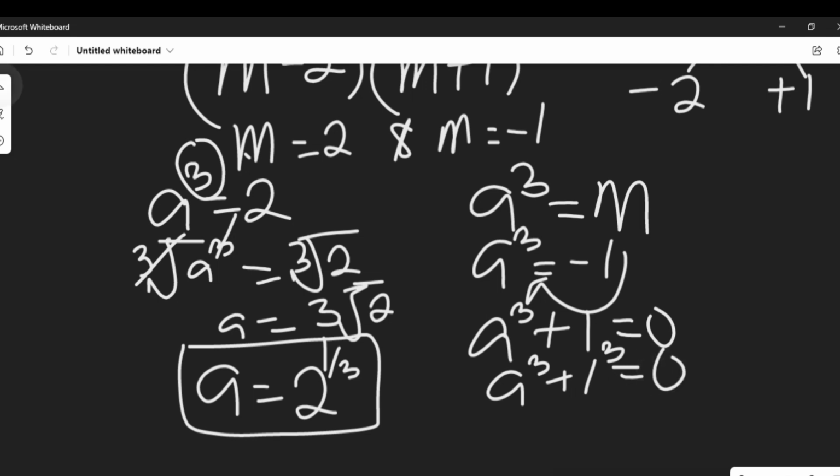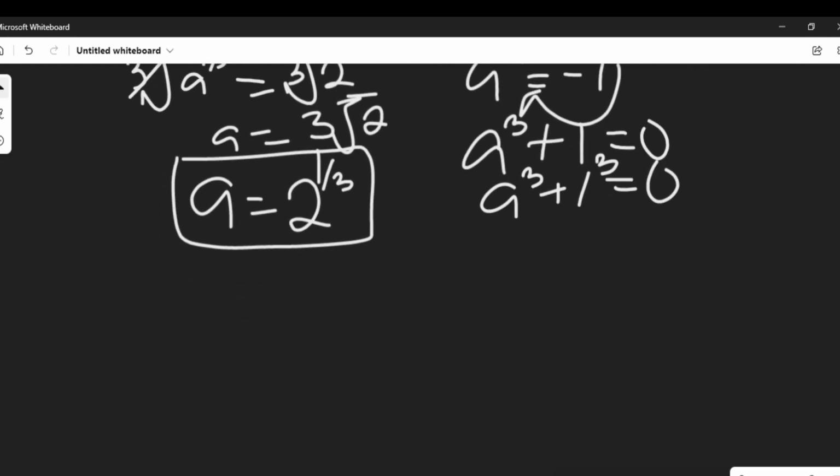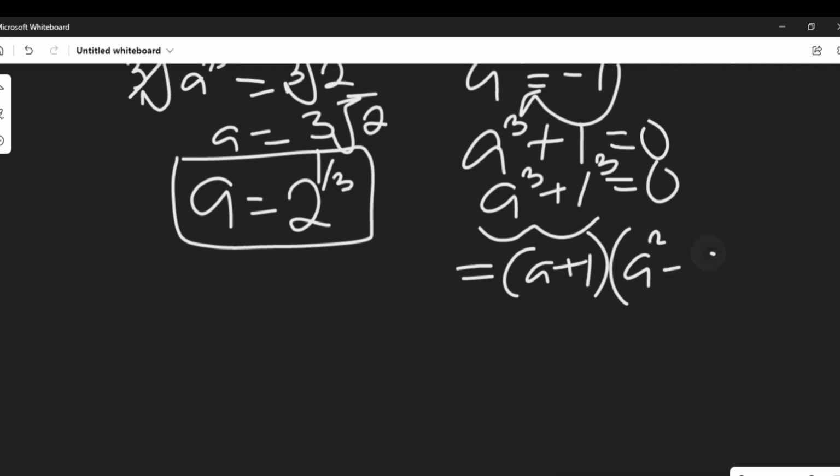Now remember the law of algebraic functions, that if we have powers of 3 like this, a cubed plus 1 cubed will give us a plus 1 times a squared minus a plus 1.